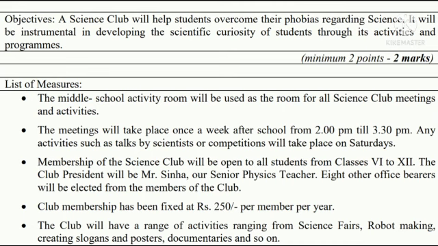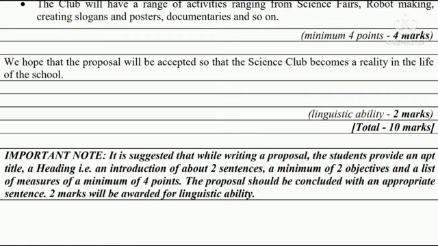This is just a model. You have to keep this in mind, students. As per the question, you have to think and write your own answers, but you should not change the format of the proposal. You have to have a general heading, then heading or introduction, objectives, list of measures. That is the format. And the last one is the concluding statement.